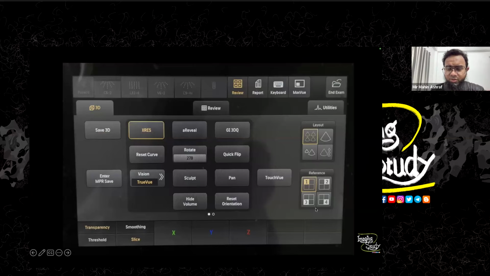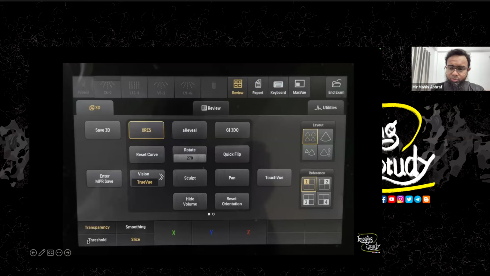And we have many settings on the screen, like transparency to make it transparent or make it more visible. So smoothing slice option to cut the image into different slices and to check from outer to inner side, you can just cut the areas. So this is one type of sculpture or cutting service.